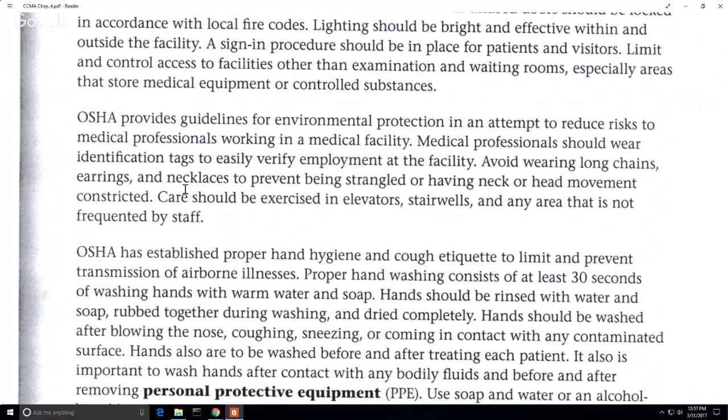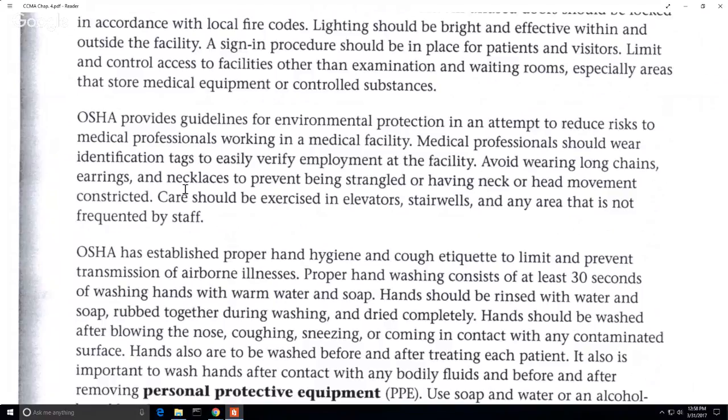Avoid wearing long chains, earrings, and necklaces to prevent being strangled or having neck or head movement constricted. Care should be exercised in elevators, stairways, and any area that is not frequented by staff.